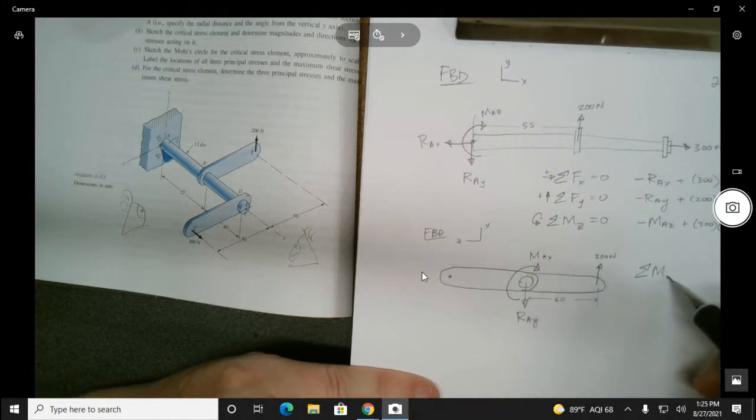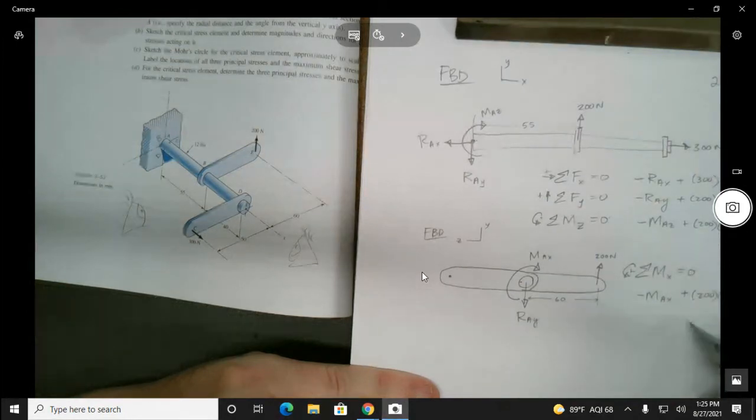So the sum of the moments about the x-axis equals 0. Counterclockwise is positive. Negative MAX plus 200 times 0.06. I can almost do this in my head. Equals 0. So MAX is equal to 12, right?